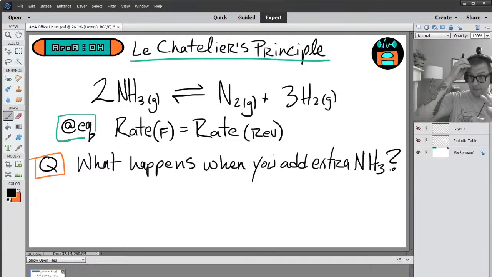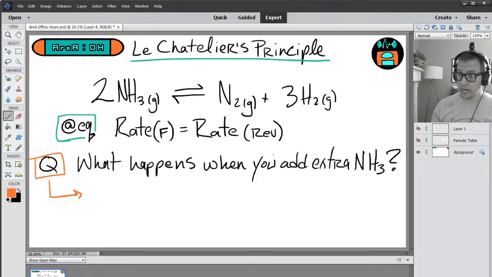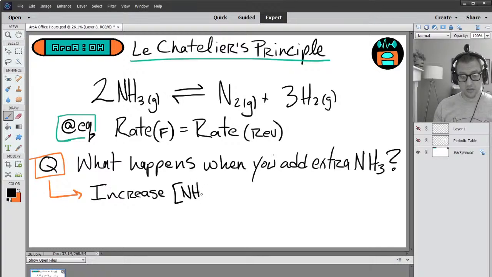All right, now, what that's going to do, if we add more NH3 to this equilibrium, it will increase the concentration of ammonia. That'll go up. And if you have a higher concentration, will that result in more or fewer collisions? That's the question to ask yourself.